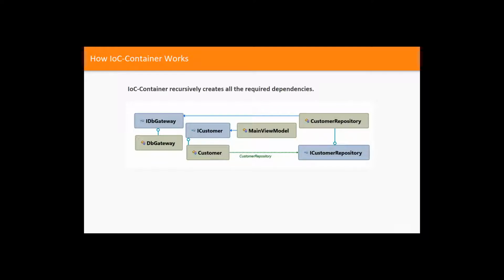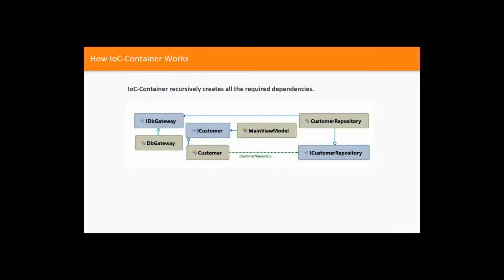So the IOC container will try to create the Customer class. In order to create the Customer class, the container has to pass to its constructor the ICustomerRepository, since the Customer class depends on this interface. To resolve the ICustomerRepository, the IOC container will continue to dig deeper and find the implementer of that interface. The IOC container will find that the ICustomerRepository interface can be resolved by the CustomerRepository class.